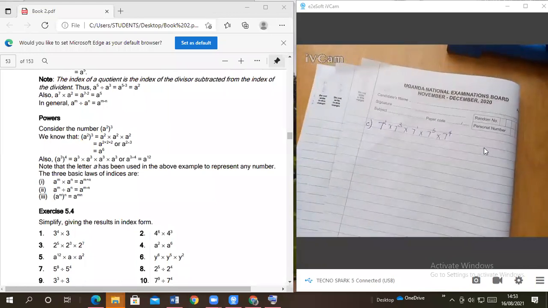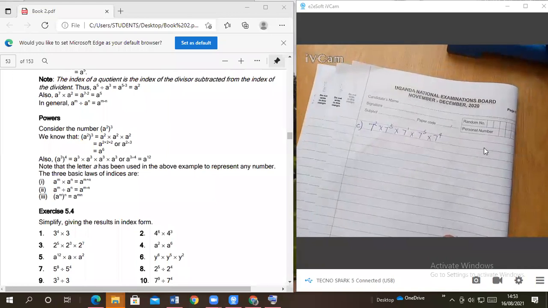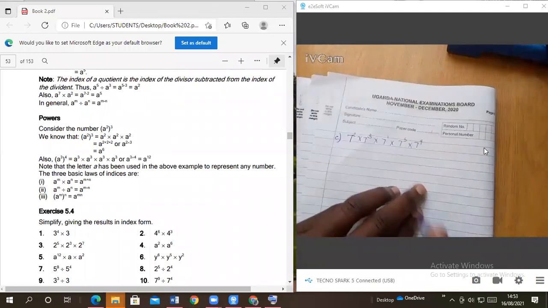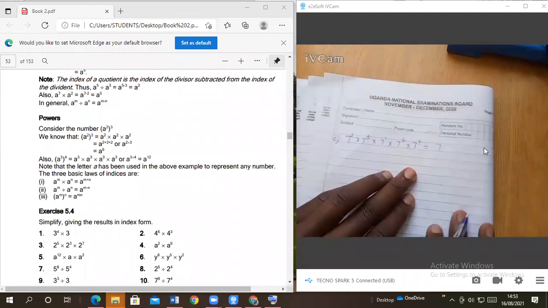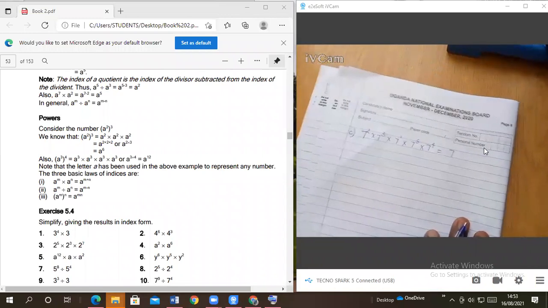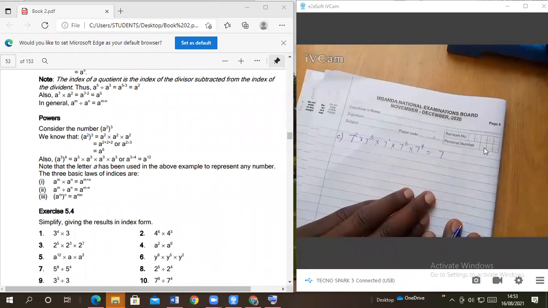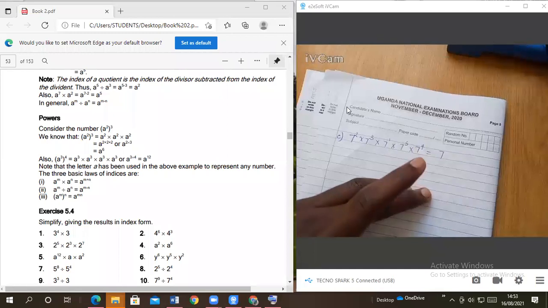What do you get? Work it out. It's going to be 7 to the power 15.